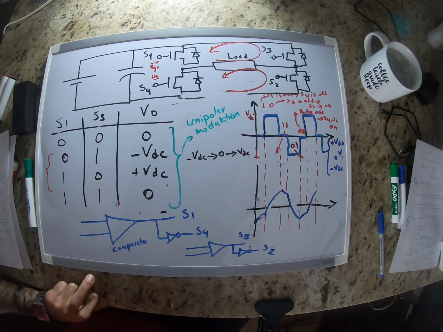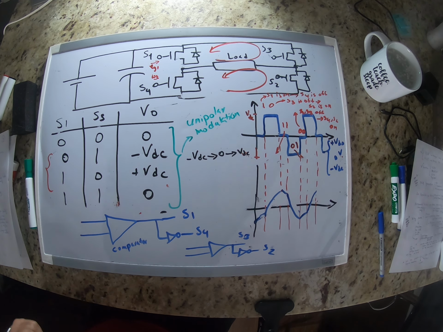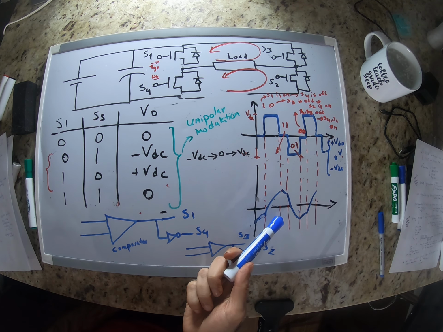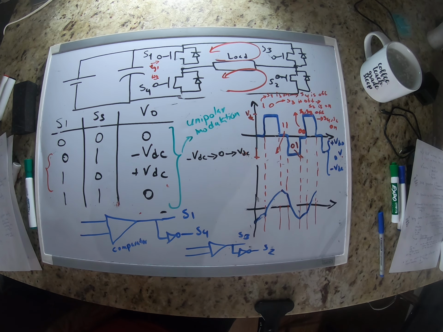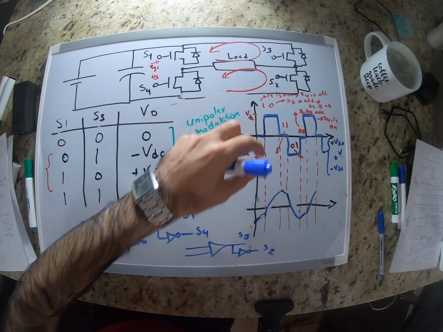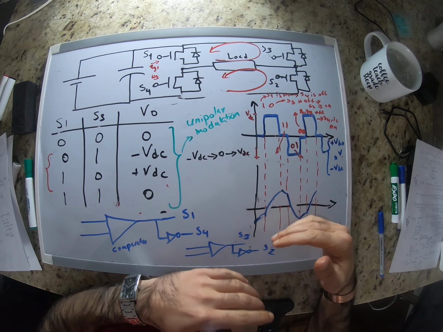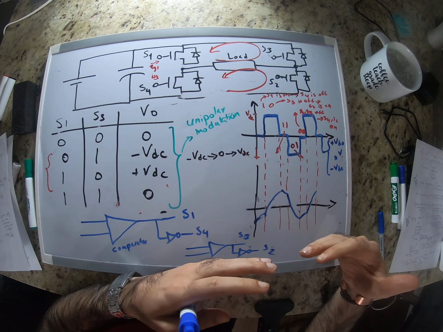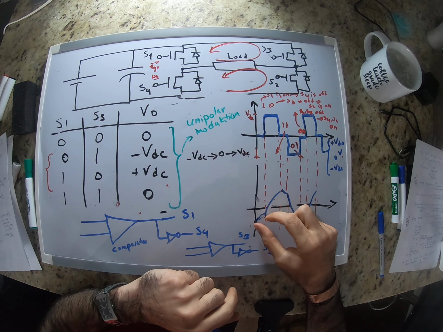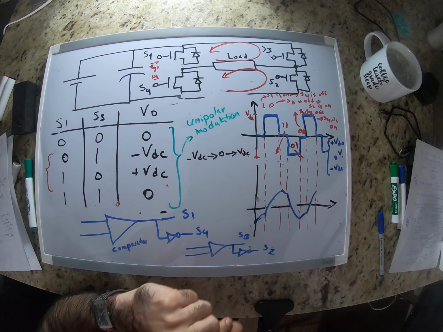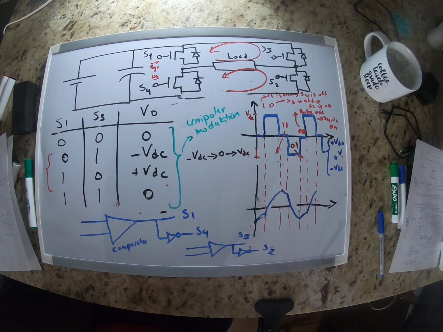Okay, so this would have better quality, and you can see because the jumps are smaller, basically as if we have more effective switching, right? So you see the changes in the current are smaller compared to bipolar modulation.